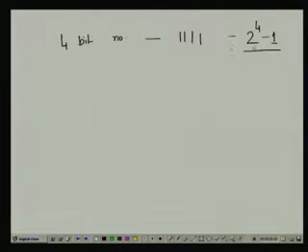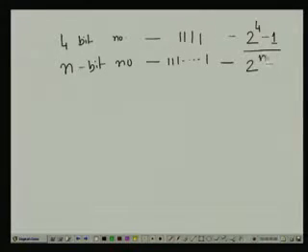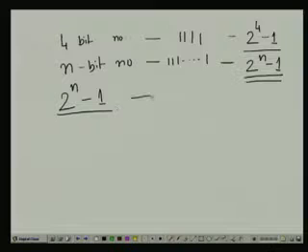So, this is actually 15. In general, if it is an n-bit number, then this n number of ones means 2 to the power n minus 1, this will give all n-bit ones, and this 2 to the power n minus 1 we are defining as the ones complement.